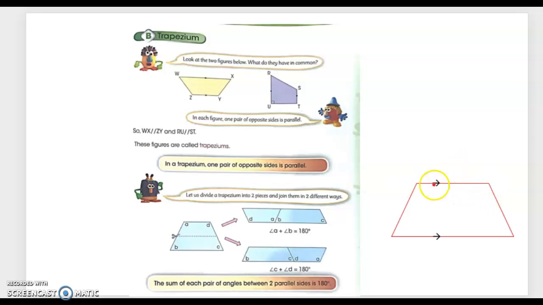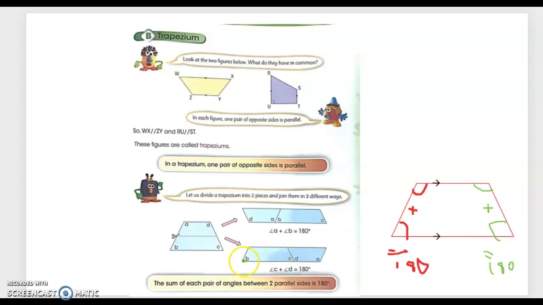if this is the trapezium that they are talking about, this angle plus this angle is equal to 180, and then this angle plus this angle is equal to 180.